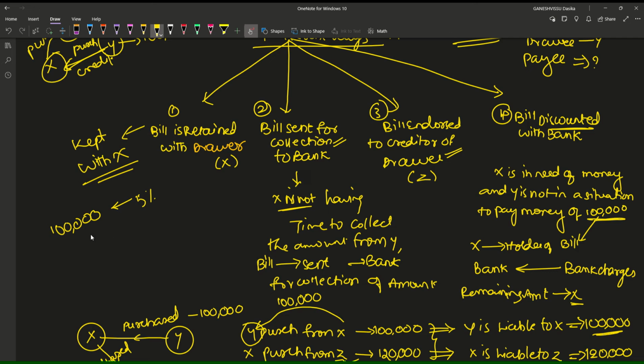5% is the discount charge, the bank charges.